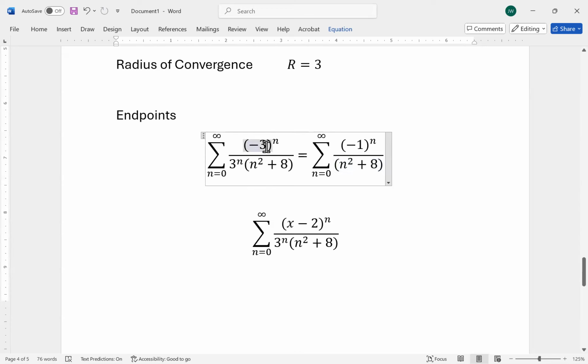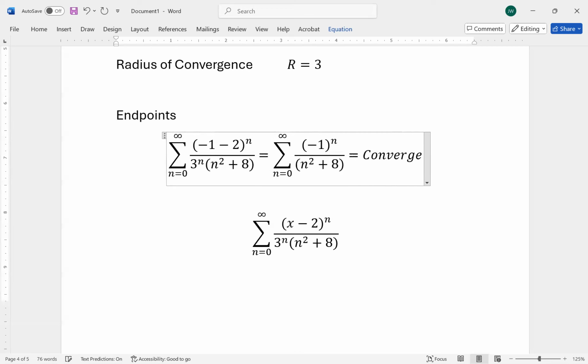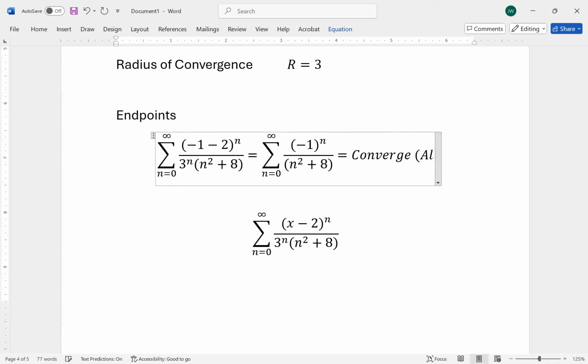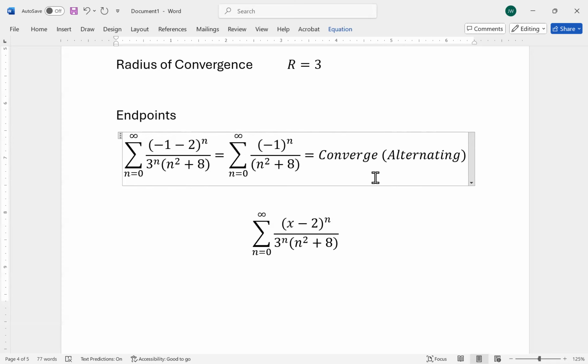So if I plug in -1, I get this infinite series. This is alternating, and the denominator is getting really, really big, so the whole fraction's going to 0. So this is going to converge because it's an alternating series. If I use the alternating series test, I can see that this converges.